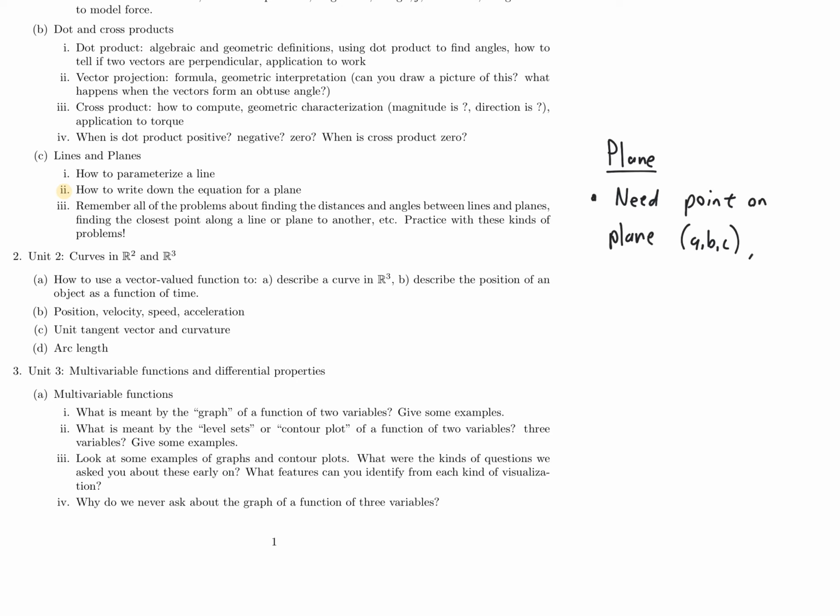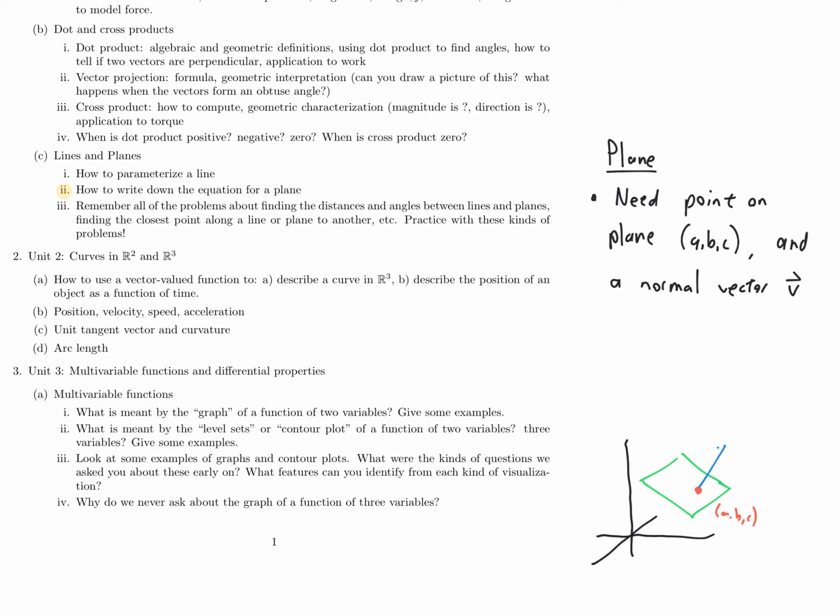And we need a normal vector. So remember that a normal vector, normal means perpendicular to the plane. So to draw a quick picture here, before I actually write this down, if we have a plane in 3 dimensions, so this is supposed to be a 2D plane living in 3 dimensions, we know the point ABC is on the plane.